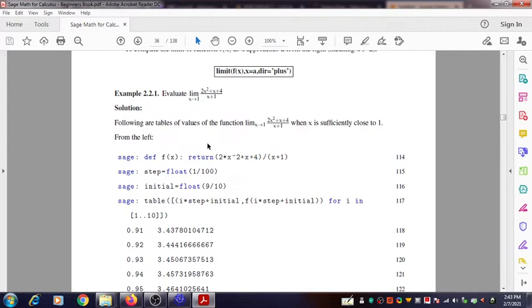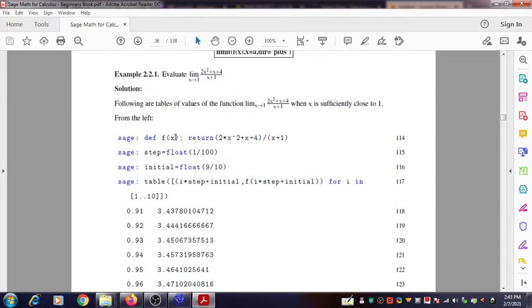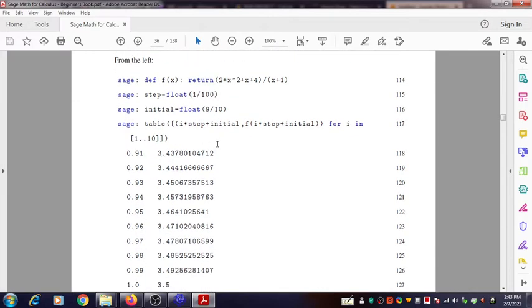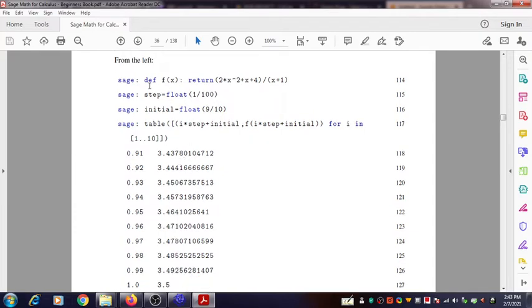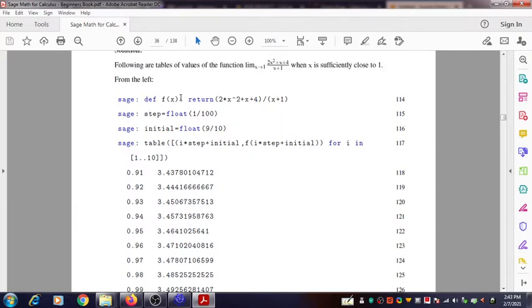But there exists an easy way to obtain the limit of the function directly. What I have explained, you can see here, these are the commands that can be used to find the limit of the given function in Sagemath.